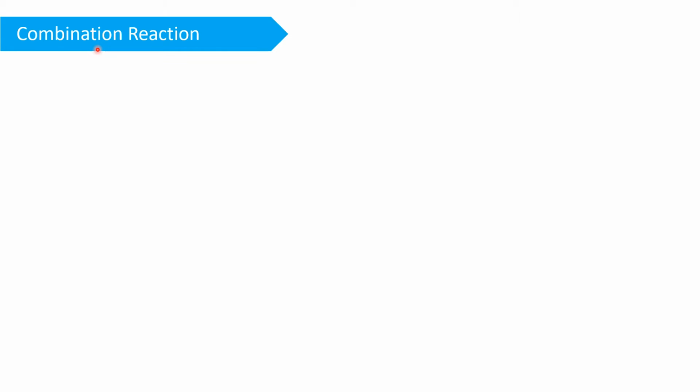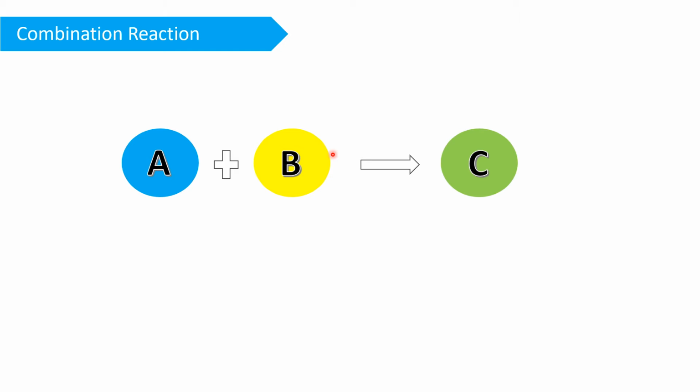When two or more reactants, A is one reactant, B is another reactant, both combine together, it forms a single product. So when two or more reactants combine together to form a single product, that is called a combination reaction.